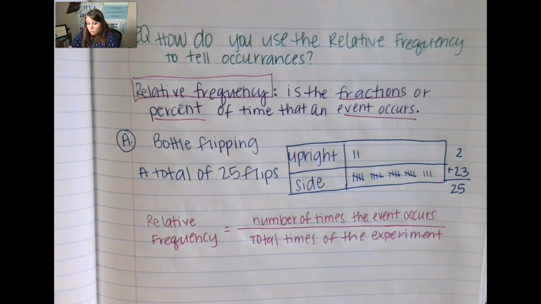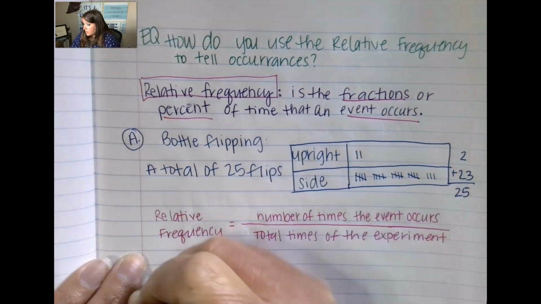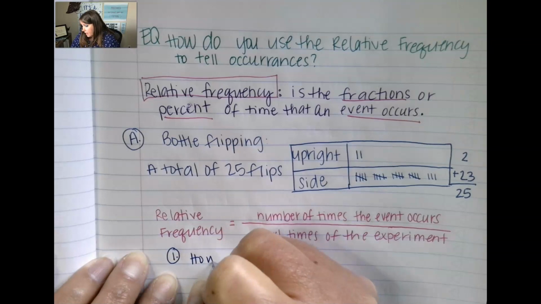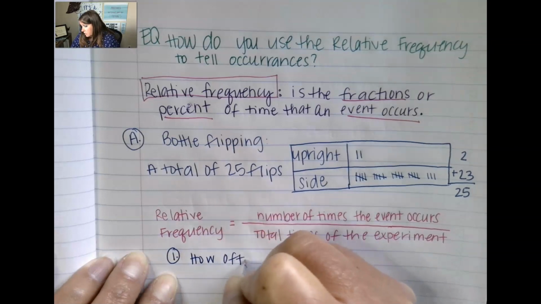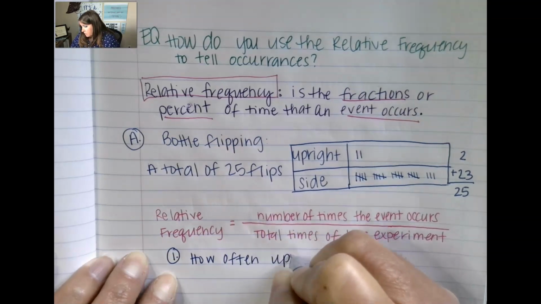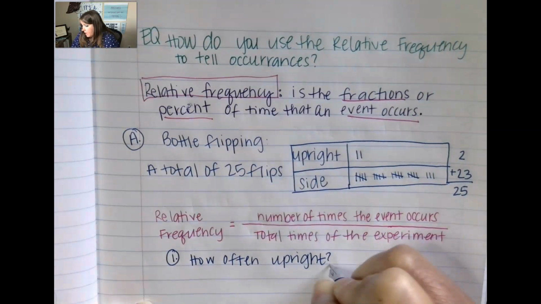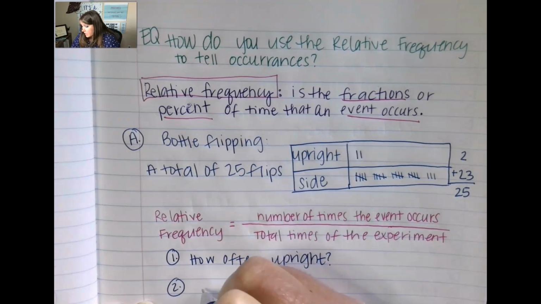Okay, so in this question A, we want to know part number 1 is how often upright. What's the fraction for upright? And number 2, on its side.